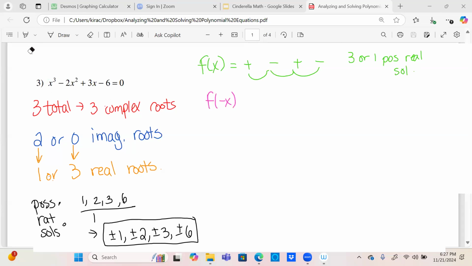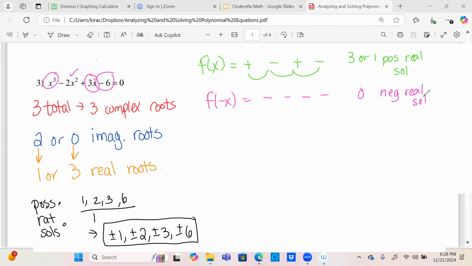Anything that's an odd power is going to flip. So this was positive, but since it's an odd power, flip it. The even will stay the same. This is an odd power because it's got a 1, flip it, and the naked number will stay the same. So this will have 0 negative real solutions, because there were no changes.